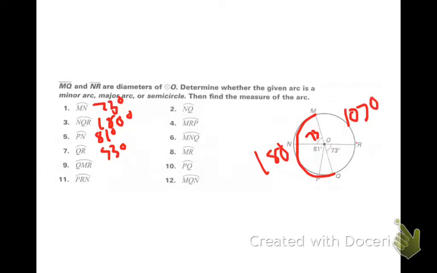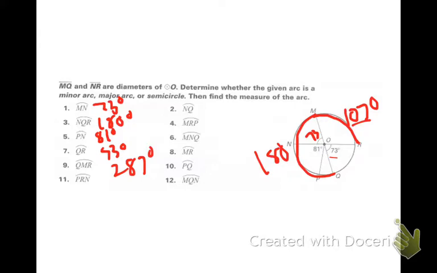Because 107 and 73 add to 180. So then I have to add the 107, right, to get QMR. So it'd be 180 plus 107, so that'd be 287. QMR is 287. Everybody follow that? All right.